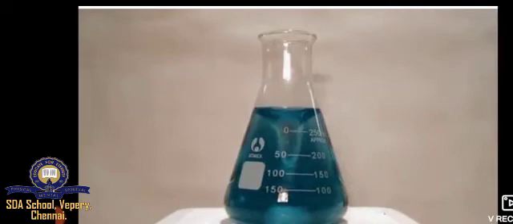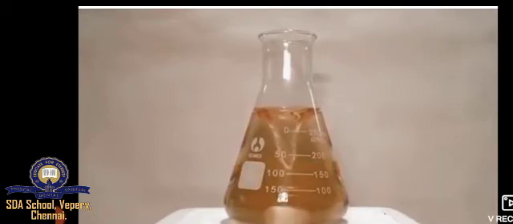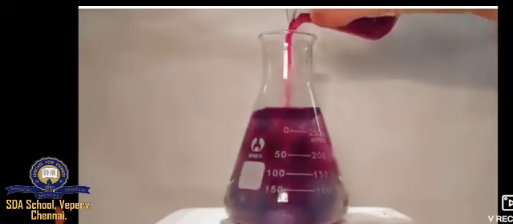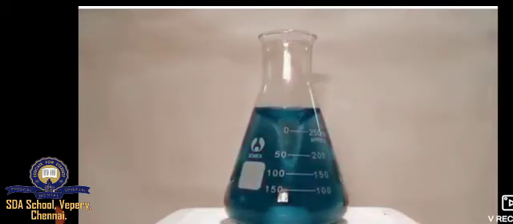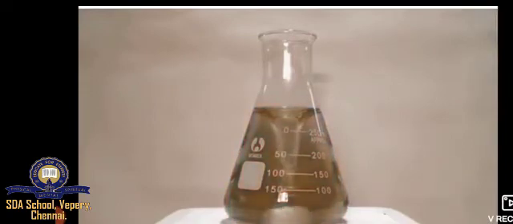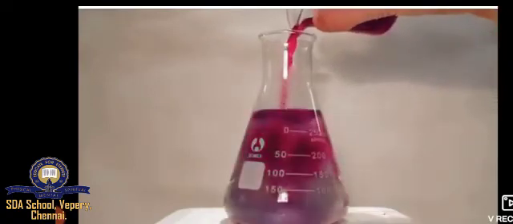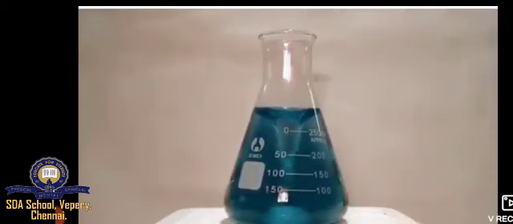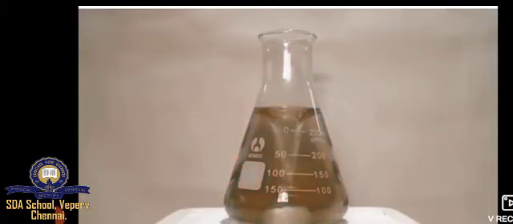Here is one more example of a chemical reaction. See, in this beaker we have a colorless solution. So we are adding a colored solution. What is happening? In the beginning it was pink in color, slowly it turned into green, and then the color changed again, and it turned into orange.